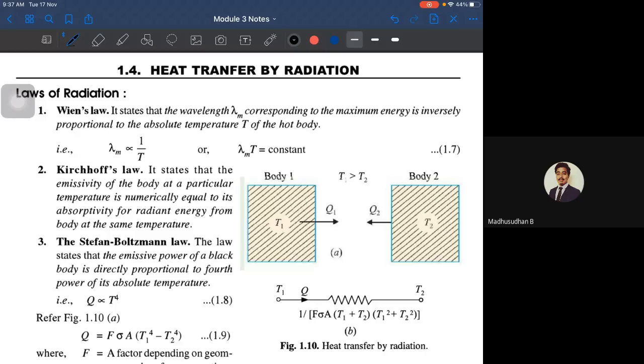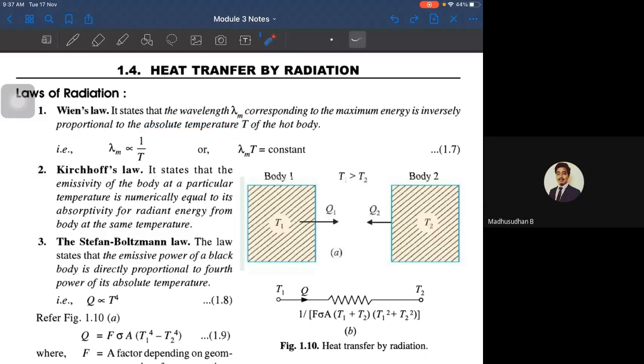What it states is that the wavelength lambda m, that is, the wavelength corresponding to the maximum energy, is always inversely proportional to the absolute temperature T of the hot body. If your body is emitting a maximum energy, what is the wavelength of that particular thing? That is your lambda m.